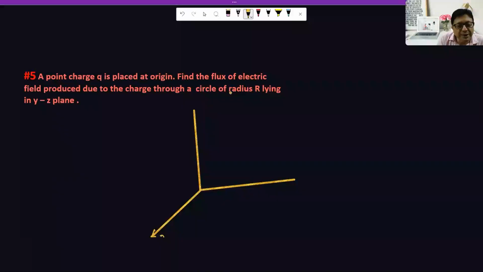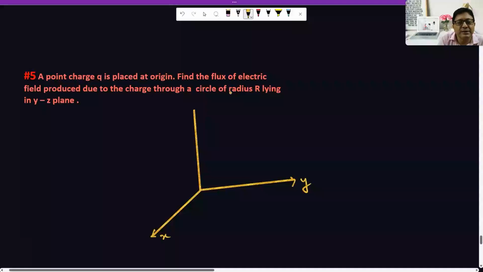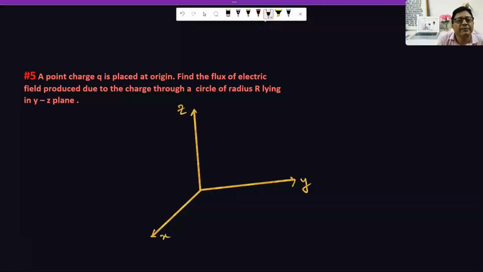You take this one x axis, this is y axis, and this one z axis. A point charge, plus Q we are taking, kept here at the origin. Find the flux of electric field produced due to the charge through a circle of radius r. It is lying in the yz plane.